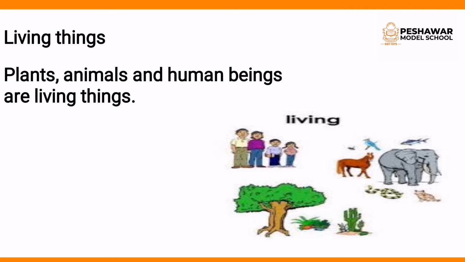And we know about the animals. There are a lot of animals like sheep, goat, cow, elephant, horse, giraffe, tiger, lion, all these kinds of animals. And who are human beings? We all are called human beings.